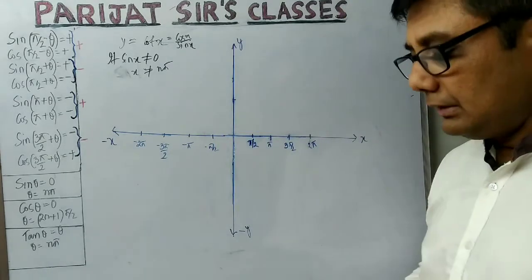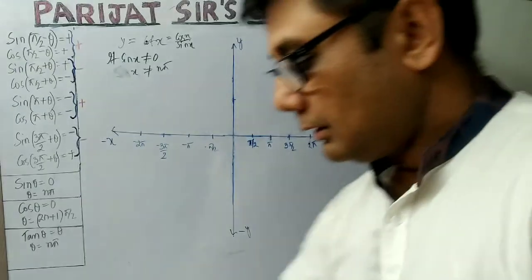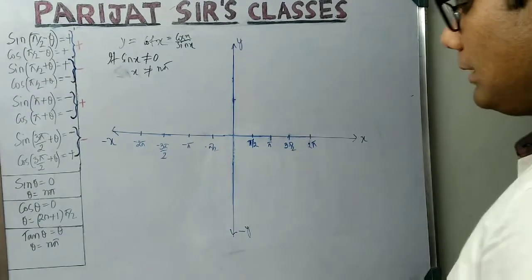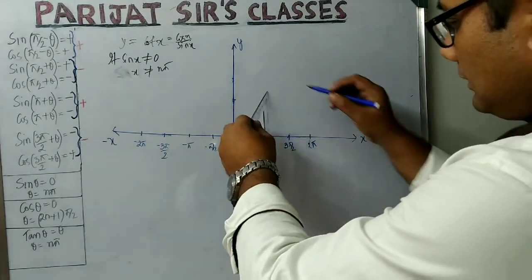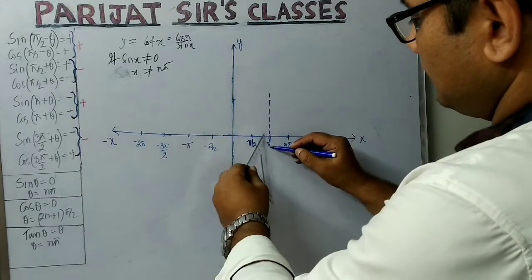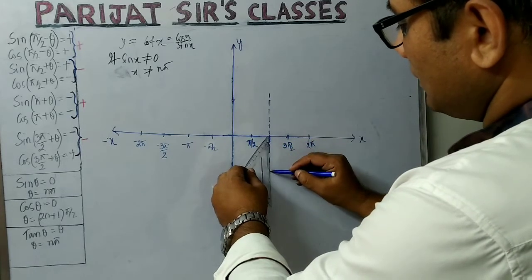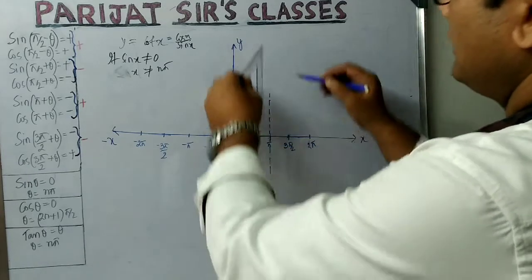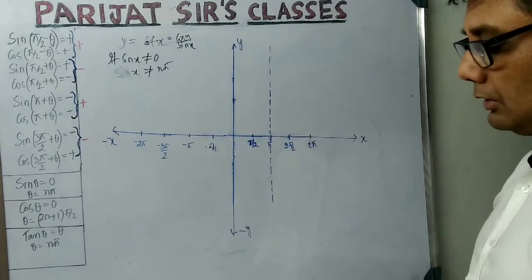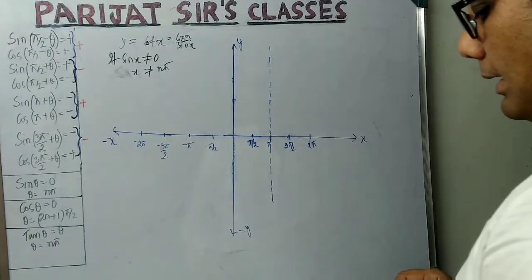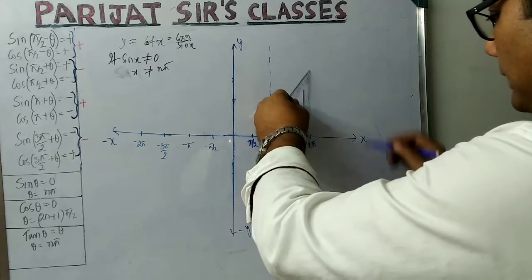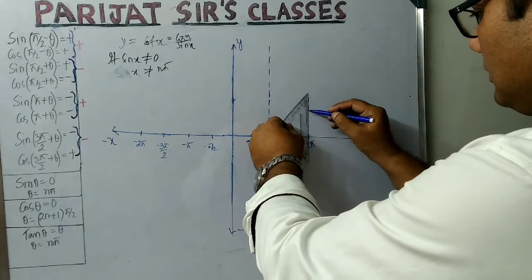So let us first see how to plot the graph of y equal to cot x. First let me explain, then you will understand how the graph y equal to cot x is being plotted. Here we will plot at pi and then at 2 pi.